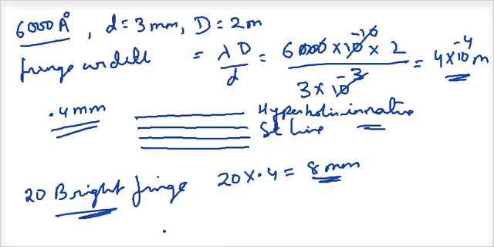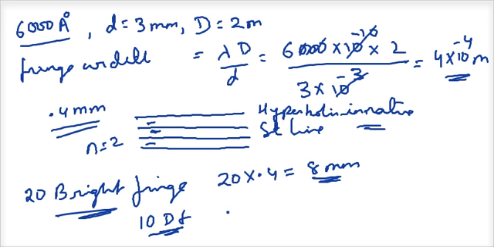Suppose I ask you where is the location for the 10th dark fringe. So I have a bright fringe, a dark fringe, a bright fringe and a dark fringe. So if I cross the second fringe, I will reach the second dark point. If I cross the third fringe, that is including the center, I will reach the third dark point. So for the third dark point, I have to cross the second fringe, that means n is equal to 2.